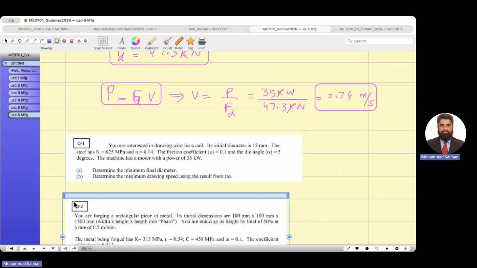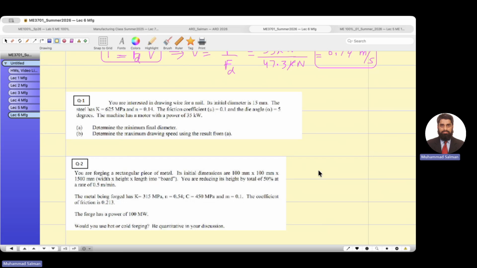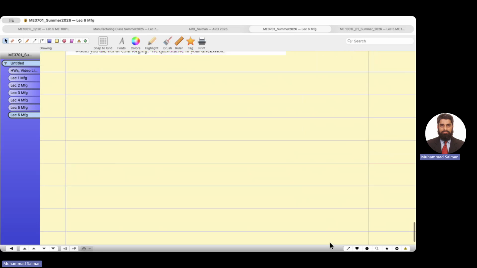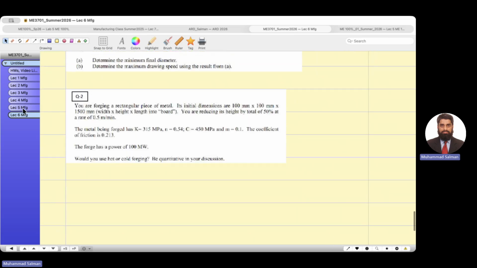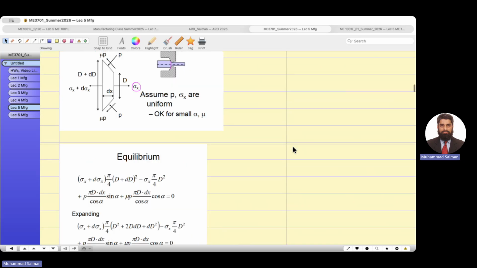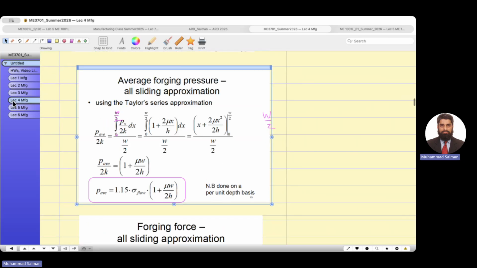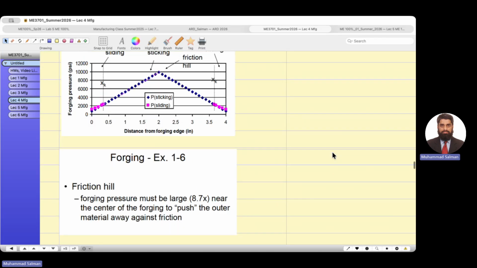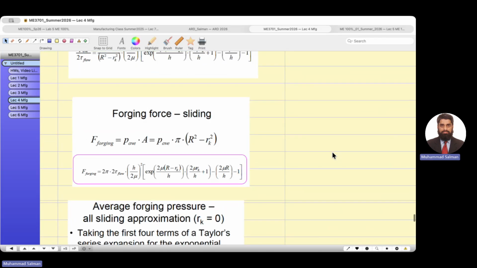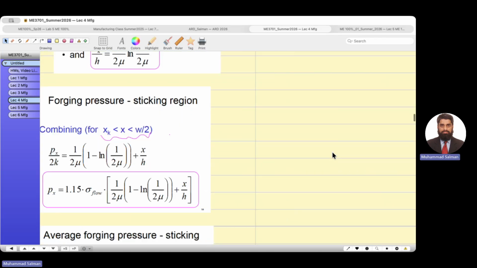The second question is about forging. And remember, we already solved this question in the classroom last time. You remember that? I think I solved this question at the end of the forging slides, in the beginning.